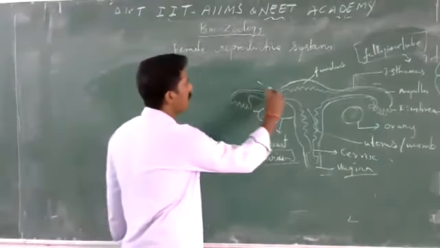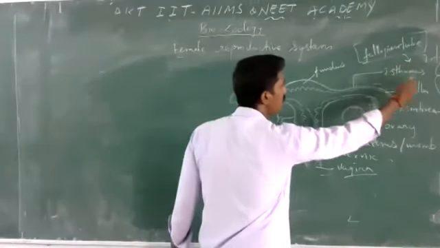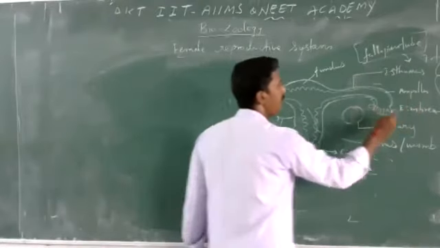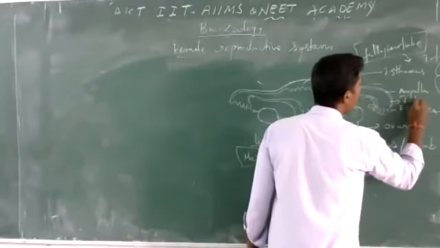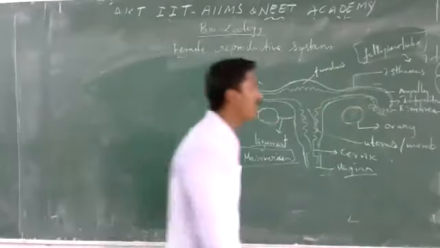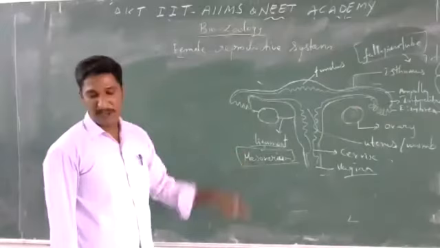Then the tubular structure is called the fallopian tube or oviduct. It consists of three parts: isthmus, ampulla, fimbriae. The fimbriae are attached to a funnel-like structure called the infundibulum. So these are the structures of the female reproductive system.